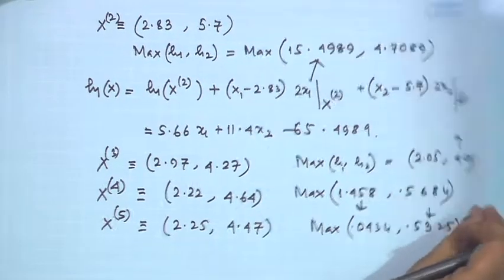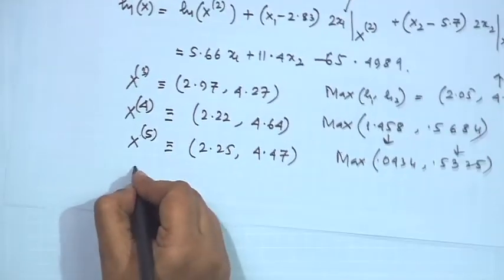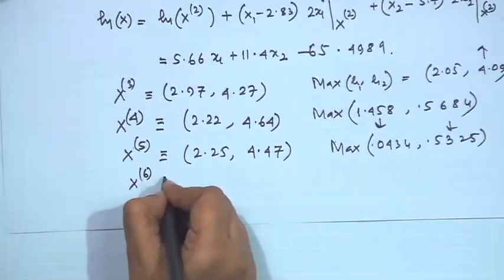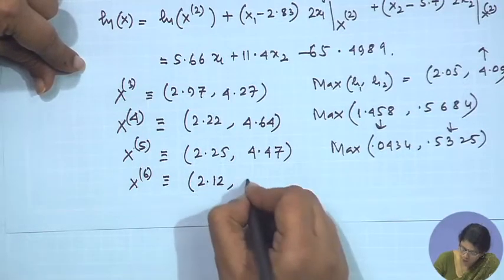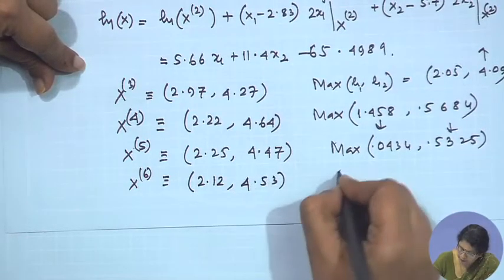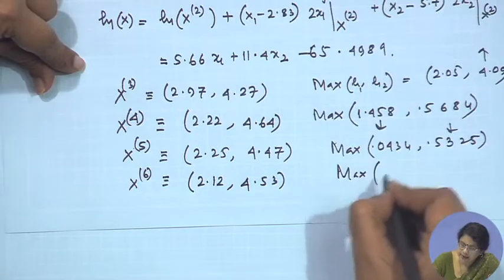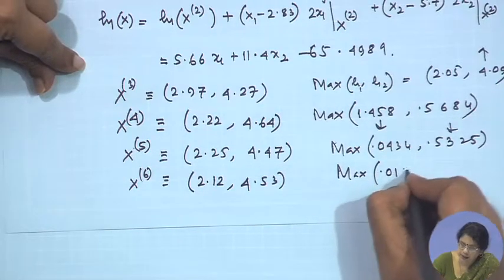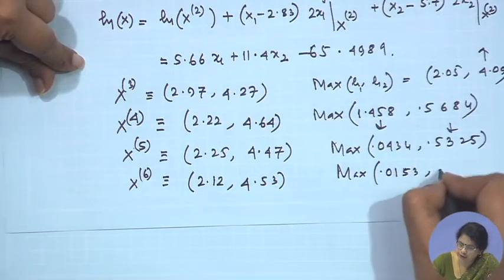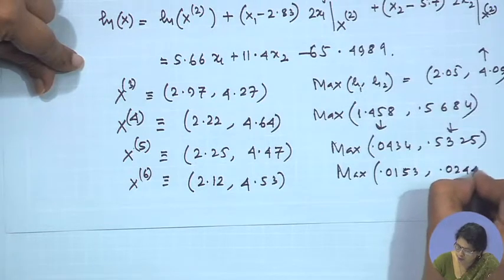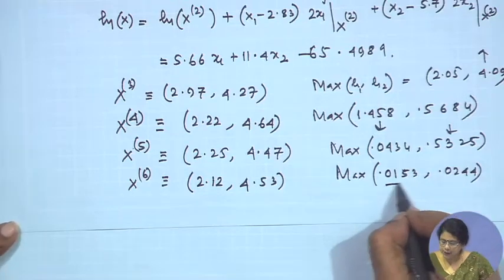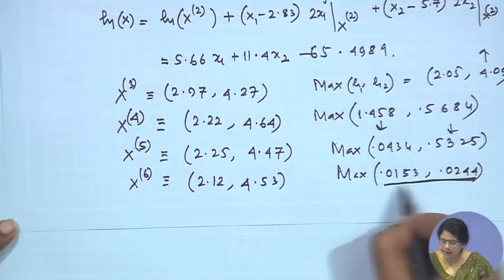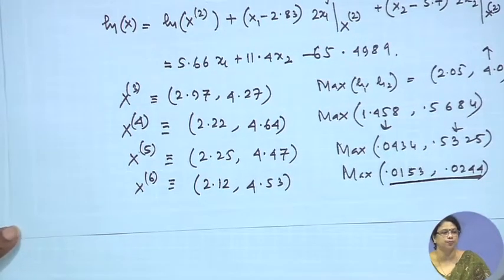Again I will add for H2, and if I proceed, just to see what the value is coming, 2.12, 4.53, and here the max value is coming 0.1530244.